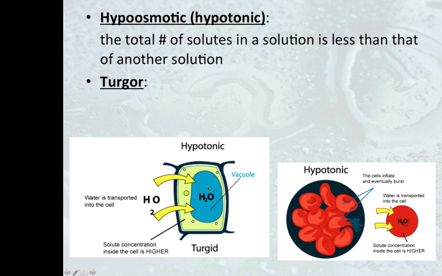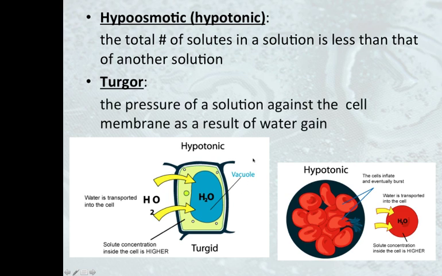There are fewer solutes outside, and that means there is more water outside, and the water flows into the cell. The cell is said to experience turgor pressure. It swells because the water is flowing inside the cell, and these red blood cells can actually burst from this condition.